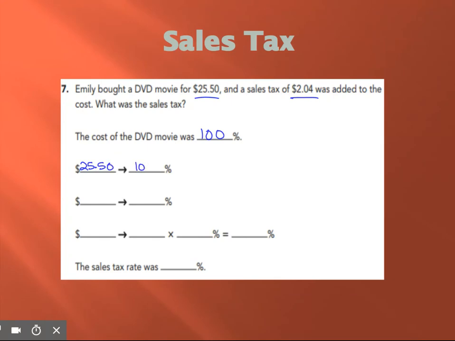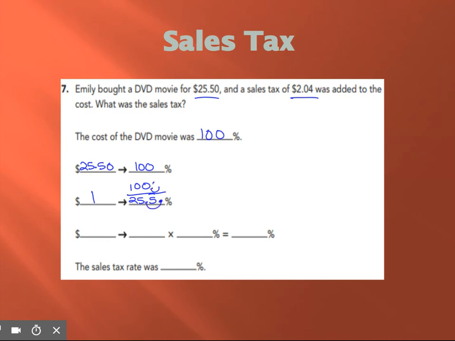So $25.50 is 100%. So what you want to do is see how much $1 is. So you're going to do 100 divided by 25.5. This one's a little tricky if you want to keep it in fraction form because remember we want to get rid of the decimal. So right here there'd be a decimal. So you're going to move this one to the right one space.